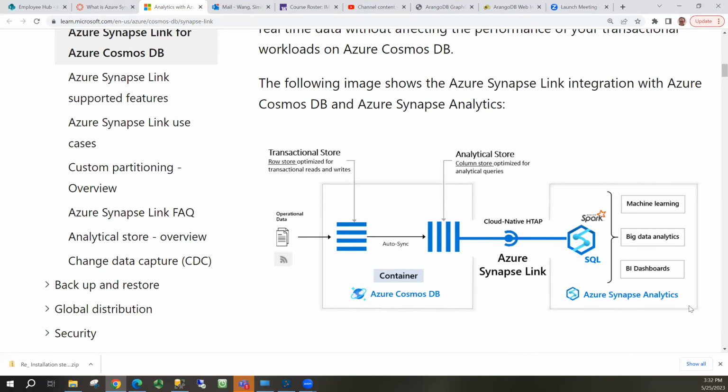You can see your machine learning solutions, or any big data solutions or data mining tools, can all consume the data stored in Synapse. And we use SQL, okay. Pretty interesting.